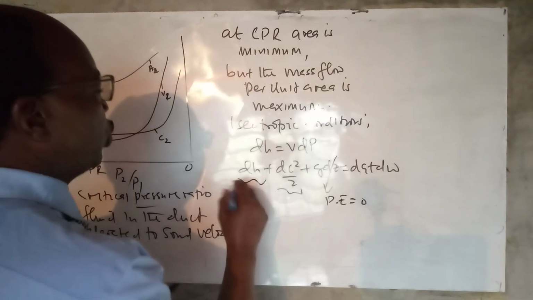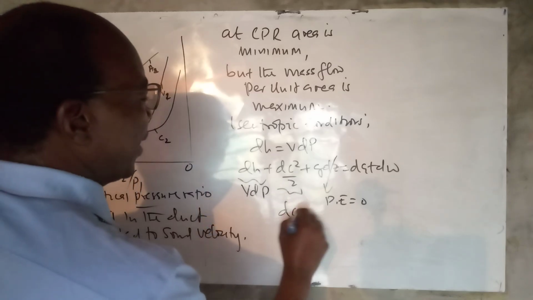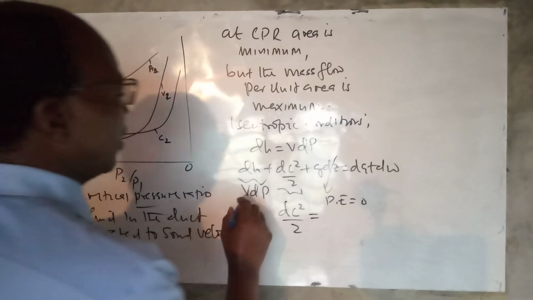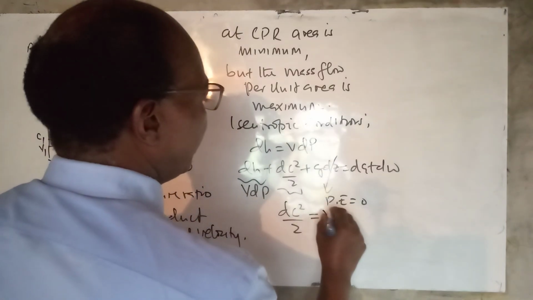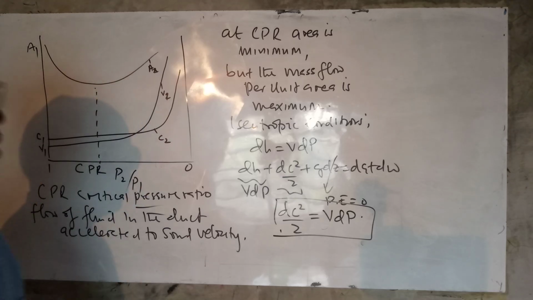And you can substitute in place of dH, you can put V dP, so that d(C squared) over 2 will be V dP. Remember that kind of expression.